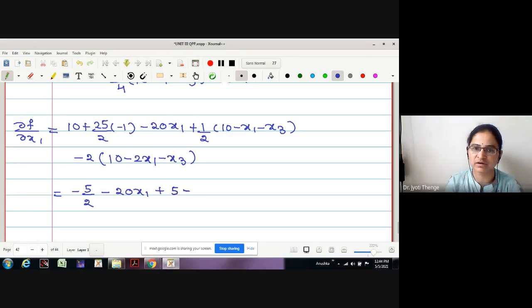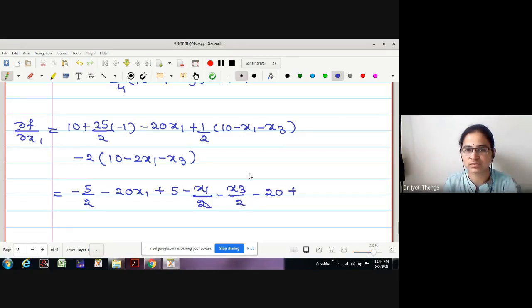Here, as we are getting the constant term negative, let me keep it as 5 minus x1 by 2 minus x3 by 2 minus 20 plus 4x1 plus 2x3.